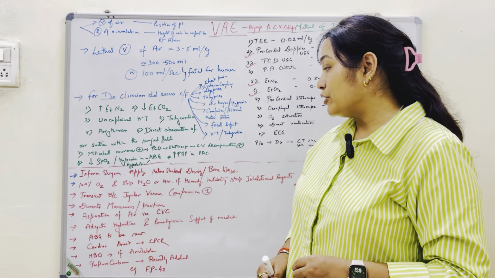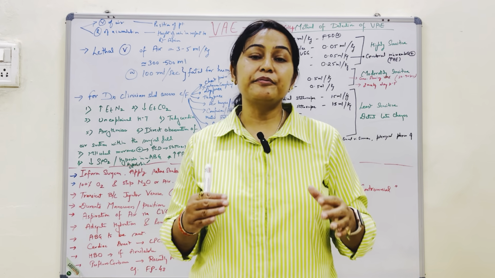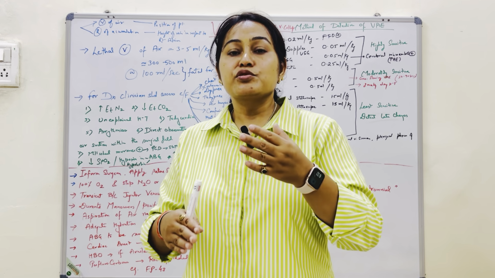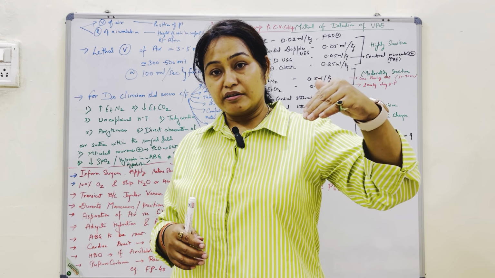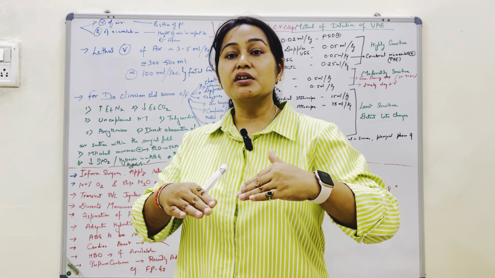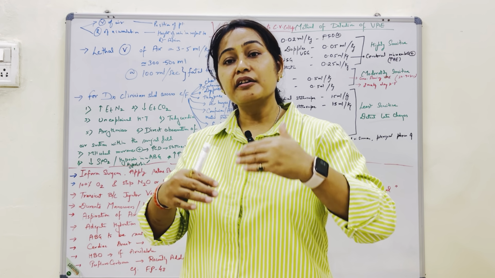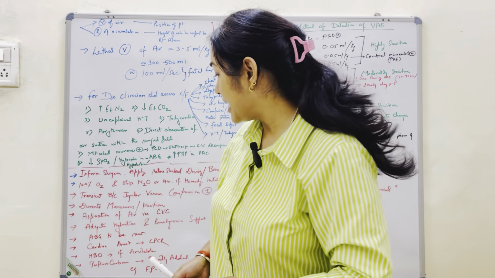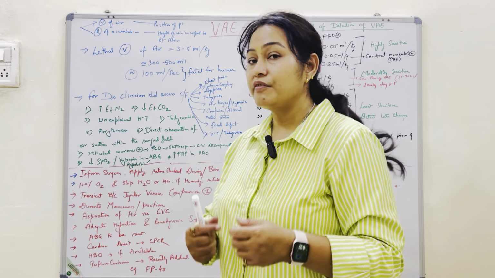So Durant maneuver, what is Durant position? Durant position is left lateral and Trendelenburg position, so that the air which is transported through the right heart will not go to the pulmonary circulation, right? And along with the maneuver, we can aspirate.